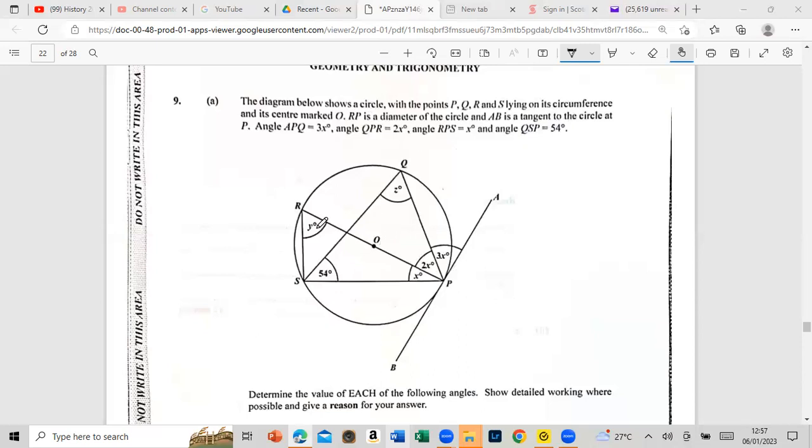We have a tangent right here, a diameter right here. There's a triangle right here, so this angle should be 90 degrees. The angle between a radius and a tangent is 90 degrees. So we know that already.